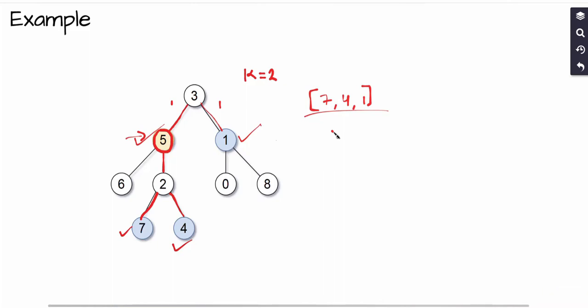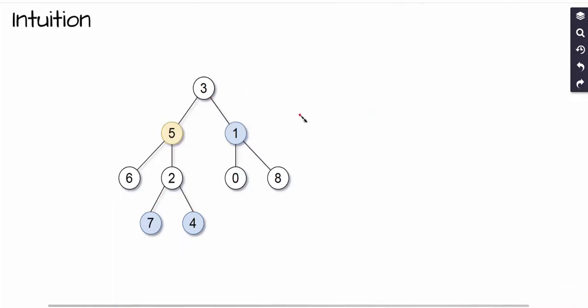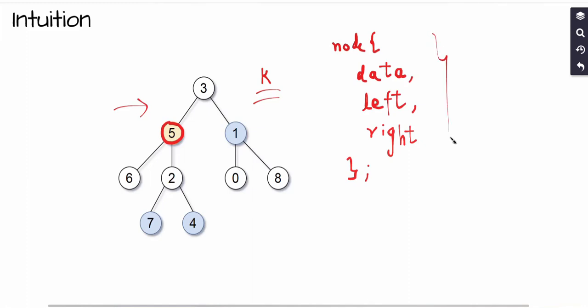So how do we solve this problem? Let's think about it. This is my target node, and I want to find all those nodes which are at a distance of k from this node, and this is a binary tree, and we know the node structure of a binary tree. We have 3 elements in there.